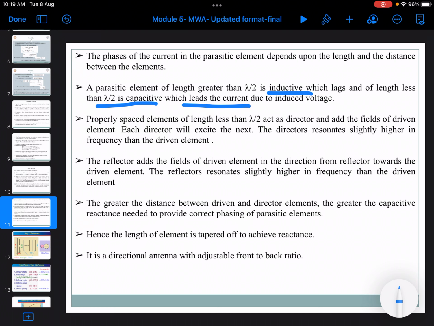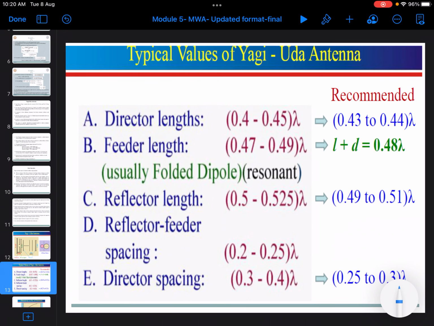The length of the element must be tapered to achieve the reactance. Actually, it is a directional antenna with adjustable front to back ratio, FBR, as we call it, front to back ratio.